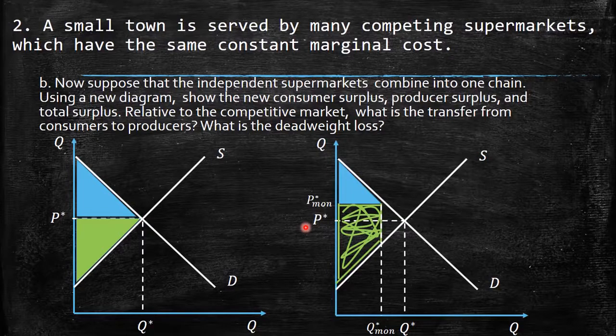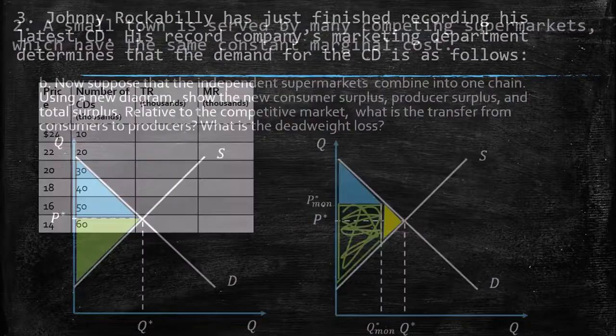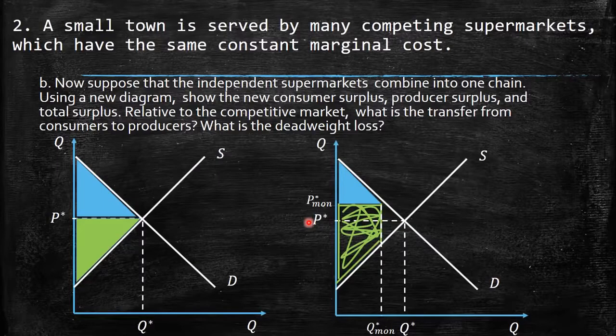This yellow triangle is the deadweight loss. This rectangle is the transfer from the consumer to the producer, and this triangle is the deadweight loss.